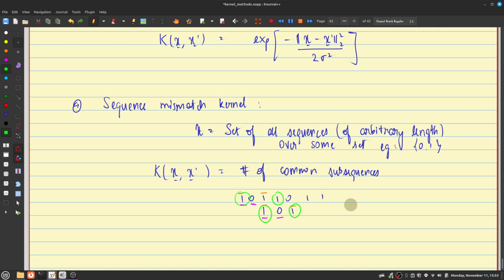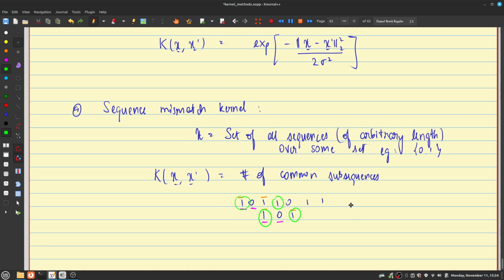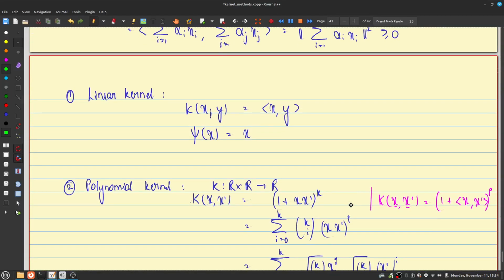At the same time, this kernel should also measure similarity in some sense. If the inputs are close, then the kernel should take a reasonably large value. If they're very different, then it should take a very small value. Let's see if that happens in each case.